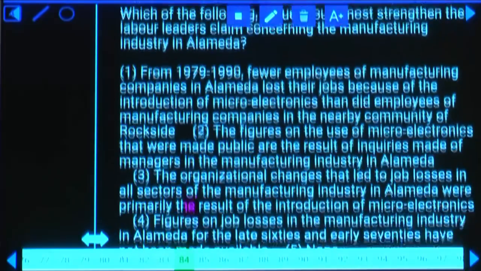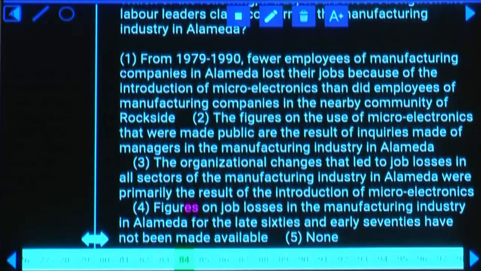Now from 1970 to 1990 fewer employees of manufacturing companies in Almada. Fewer అంటున్నారు. చాలా తక్కువ మంది అయితే fewer employees of manufacturing companies in Almada lost their jobs because of the introduction of microelectronics than did employees of manufacturing companies in the nearby community of Rockside. Now, so here is only first one. Now, first one is strengthening or weakening the above thing.